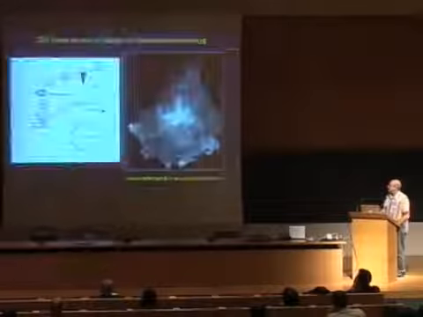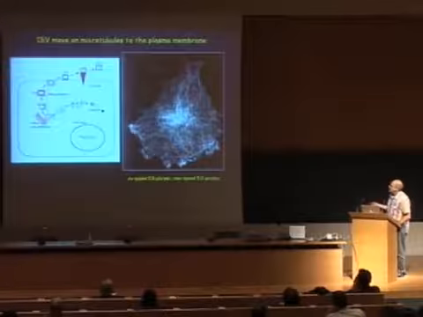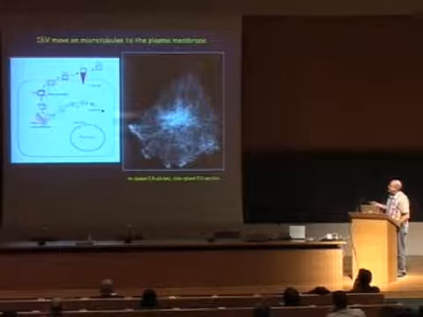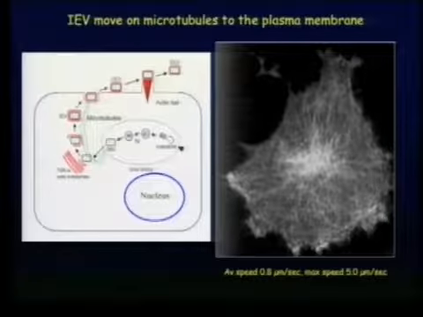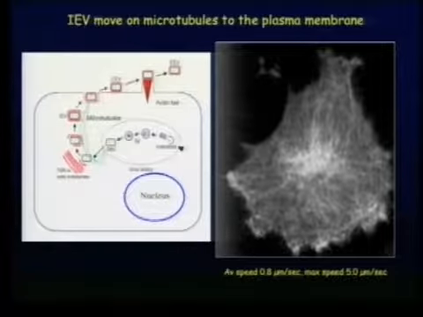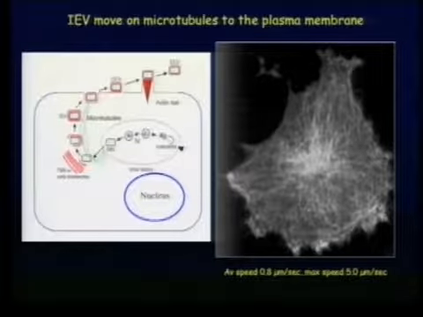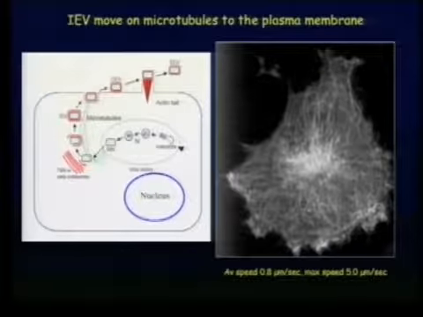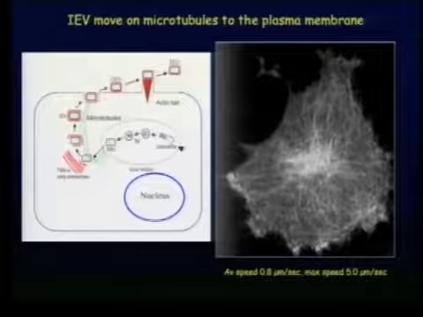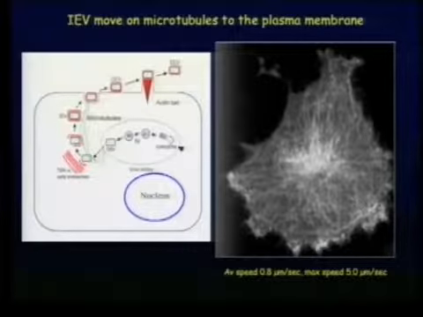Now I'm not going to show you anything of this one, but this shows you the IEV, these white dots. This is a spinning disc confocal we took many years ago, of the IEVs moving out to the cell periphery, hopping from microtubule to microtubule towards the cell periphery. Again, they move about 1 micron per second, although you will see faster velocities of 5 microns per second.